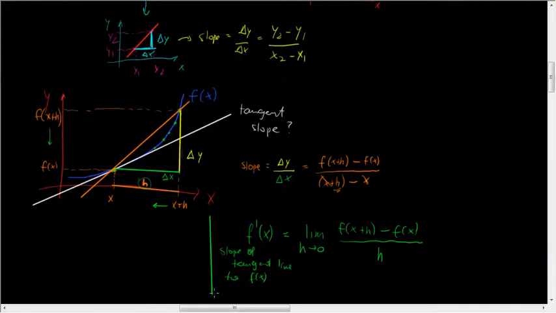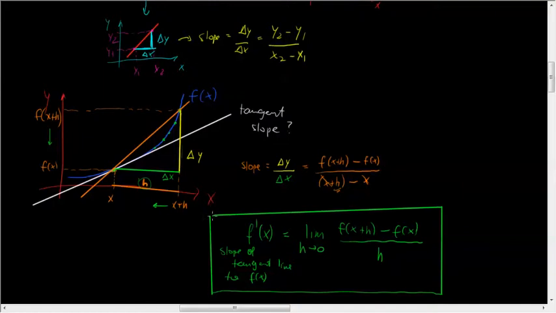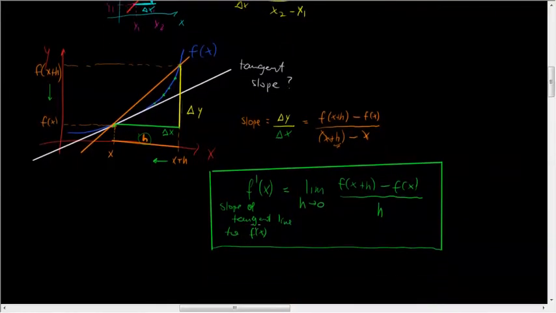And this is how we define the derivative. So this is the slope of the tangent line to f of x.